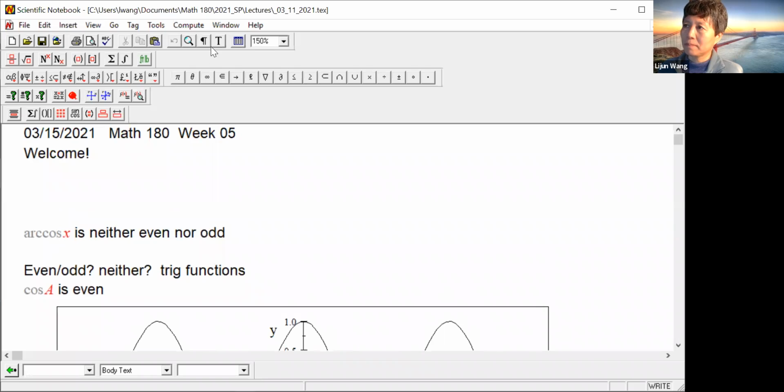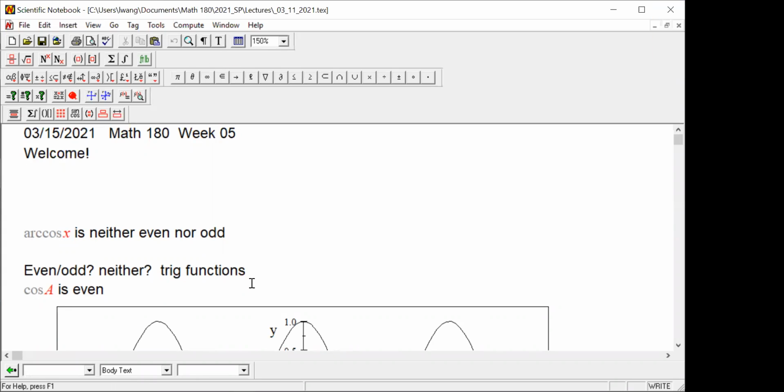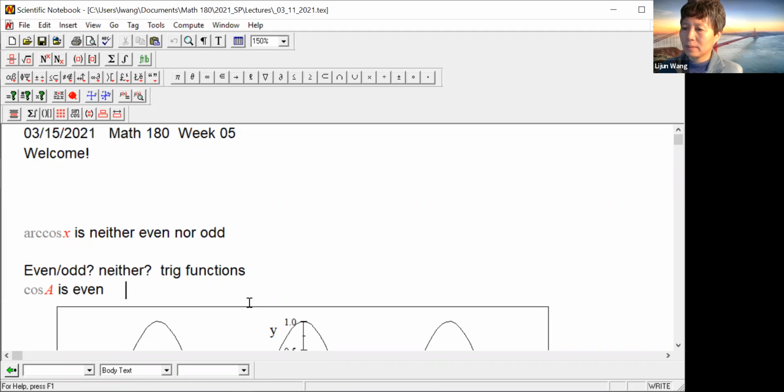How about sine? Sine is even. Yeah, isn't it the same as cosine?